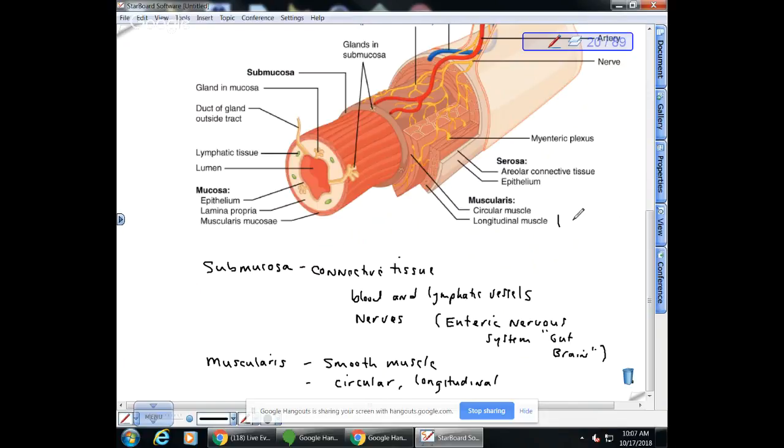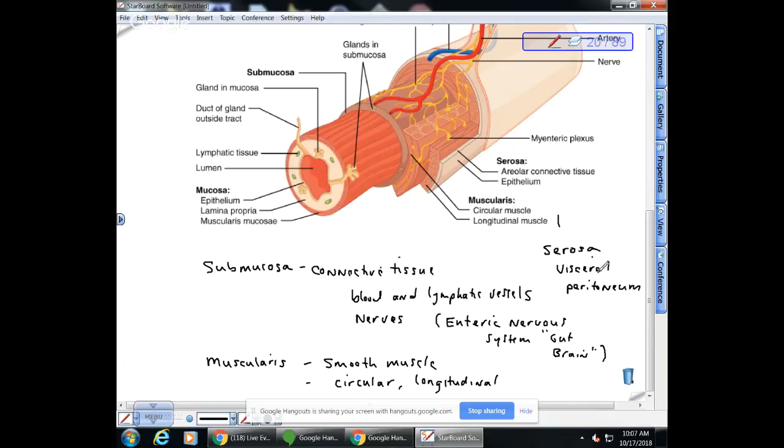Okay, so the outer part is, I'm running out of room here, so I'm going to say up here, this is the serosa. This actually has another name, and it is called the visceral peritoneum.